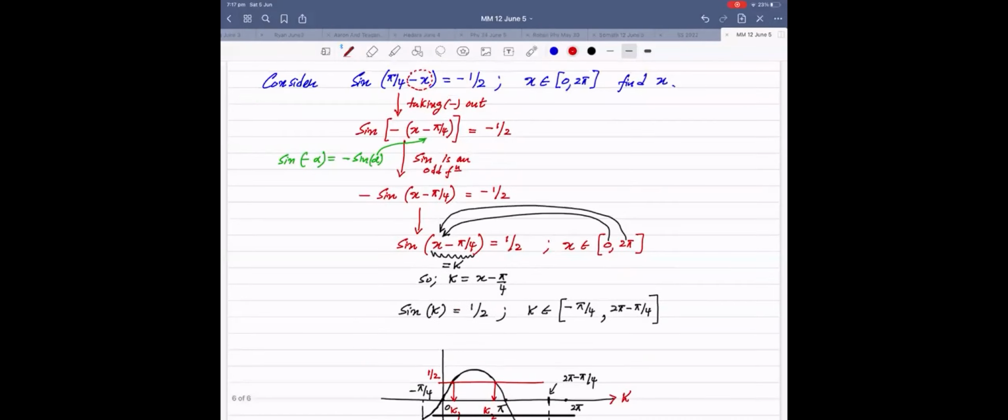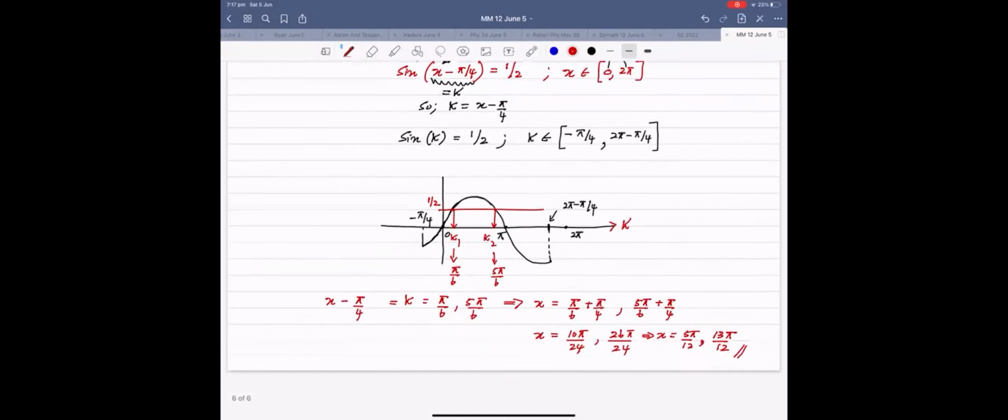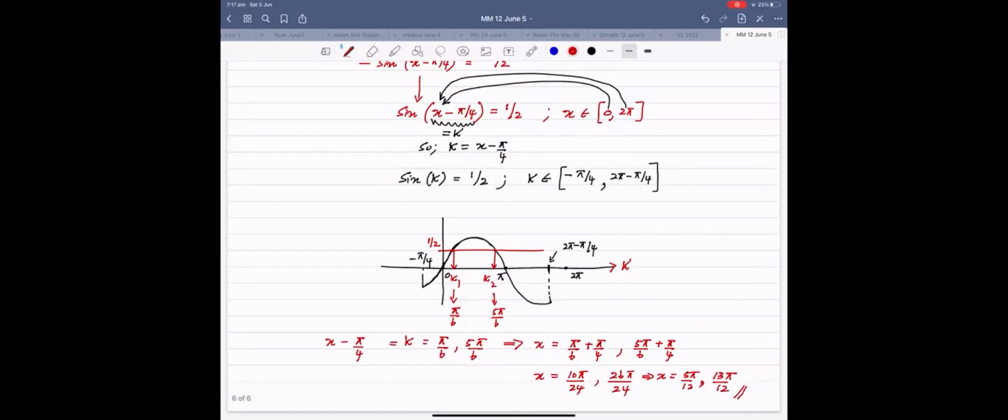In this question, everything is involved. This question is a very important question. Why? Taking factorization. That means taking minus out. Then odd even concept. Then substitution concept. Then you have to draw it and get the answers. Everything is involved in this question. So if you understand this question to the required level, you're done.